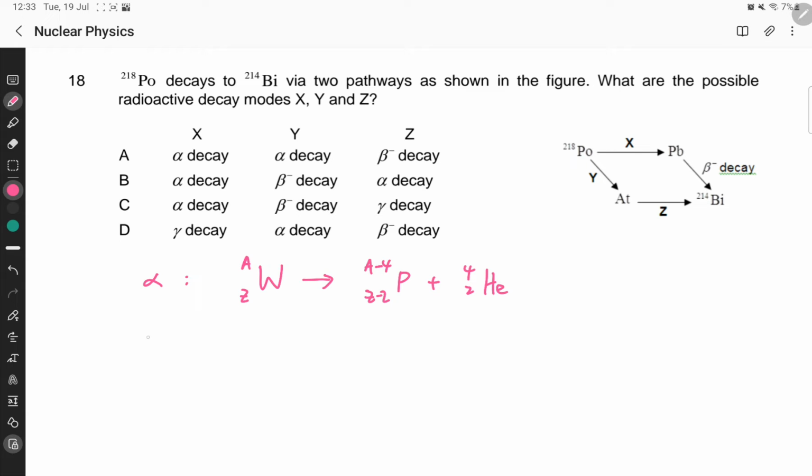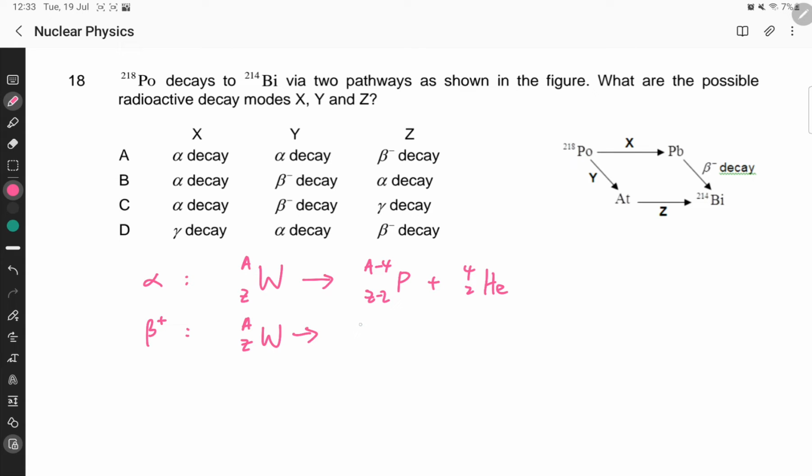Beta decay, we need to look at two types. Beta plus first. So with beta plus, you will have, let's say, A Z W, once again turning into what? Beta plus turns a proton into a neutron.